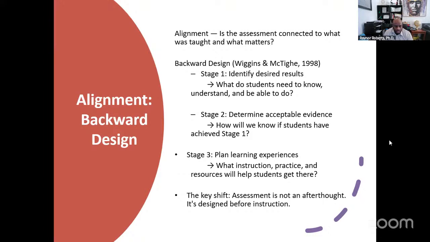And then after we understand those desired outcomes, or those expected outcomes, we have to think about what the evidence is. What's the observable evidence that shows the students are more than likely going to meet those outcomes, or demonstrate those outcomes, by the end of the course, or by the end of a summative assessment? And then we plan the experience out.